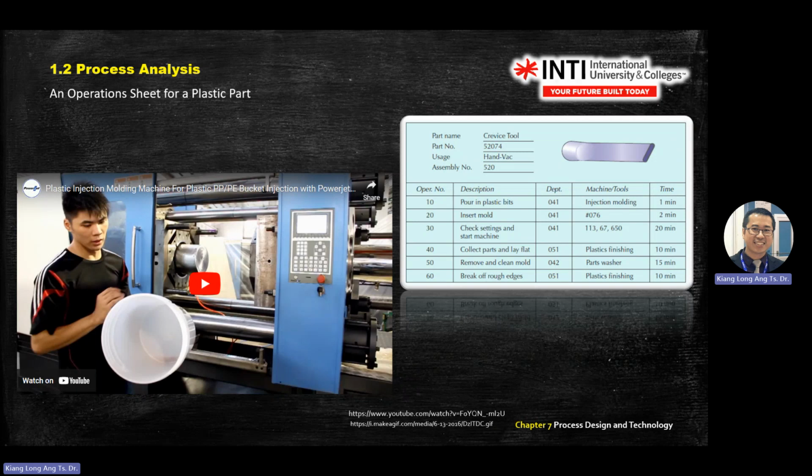So this is just an illustration of how plastic injection molding happens. This one I won't play, because when I upload it to YouTube, it will come out with copyright issues.